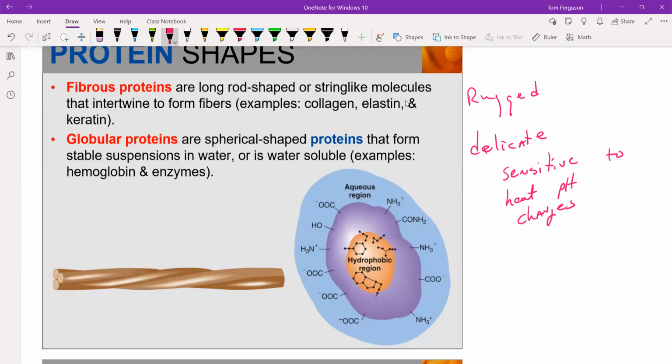Now, when you cook a piece of meat, it changes form. The fibrous proteins are rugged, but not indestructible. So heat and pH, like in that Mexican dish, what is it? When you cook shrimp in acid citrus.